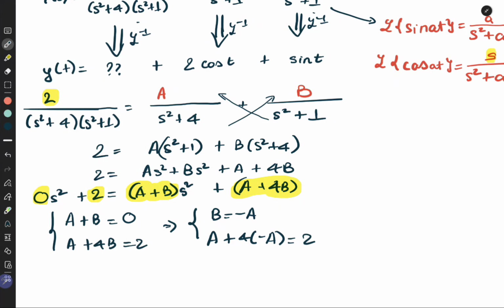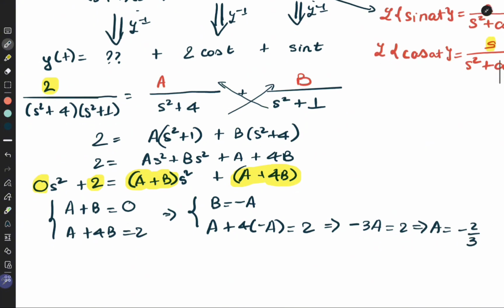That means A minus 4A equals 2, which is just minus 3A equals 2. Then A is negative 2 over 3. Because A is negative 2 over 3, B is the opposite of A, so B will be 2 over 3.